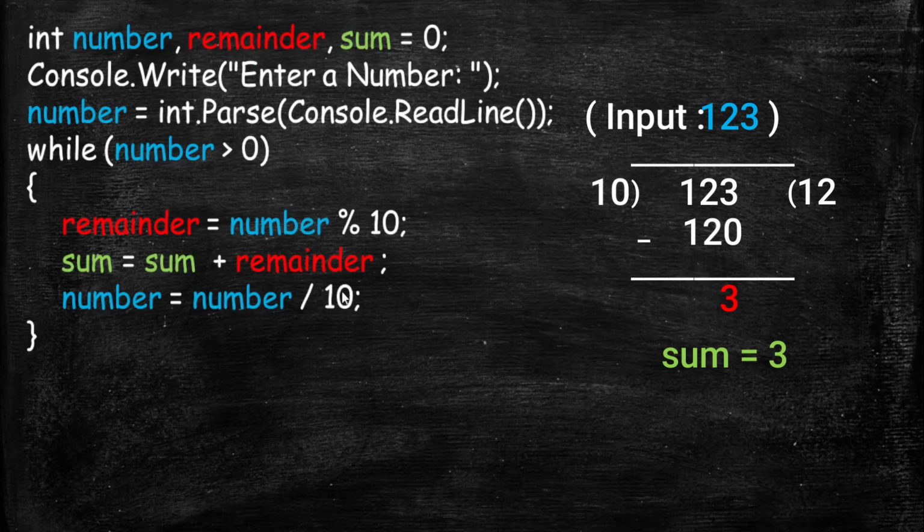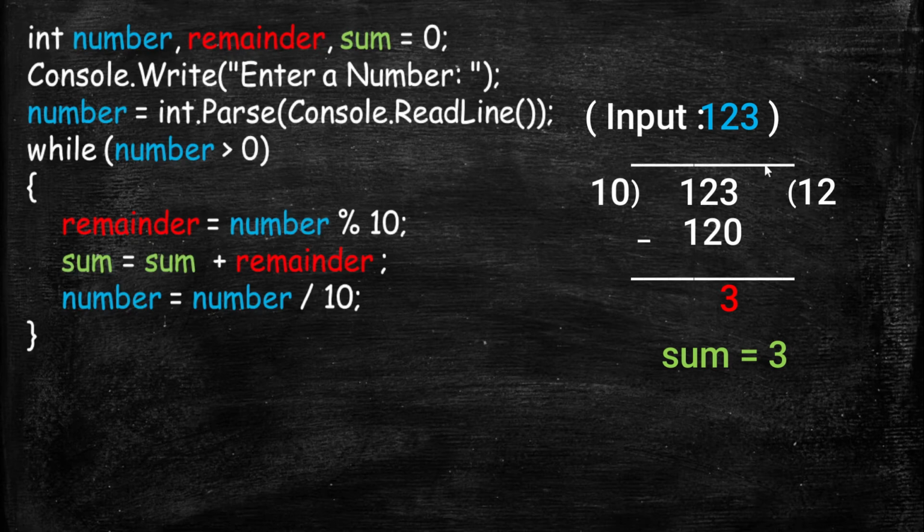If we divide 123 by 10, we will get 12.3, and since this is an integer it will just take 12, not the decimal point. And you can see here the quotient is also 12.